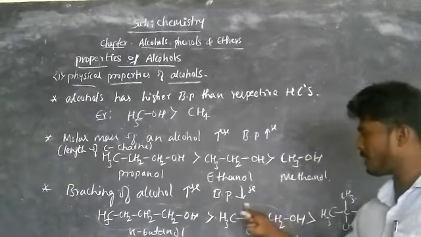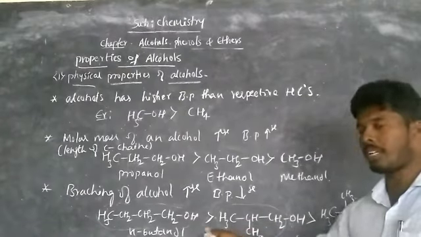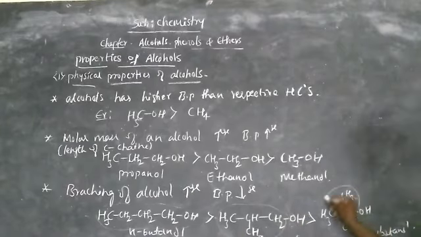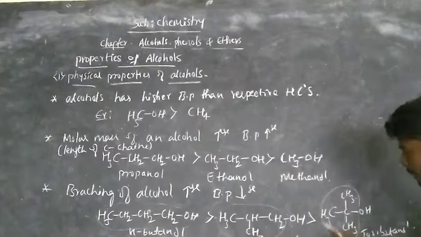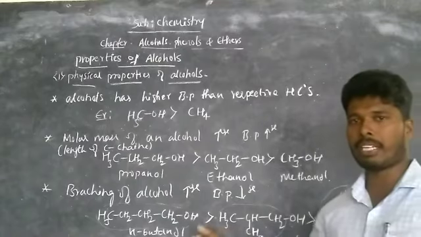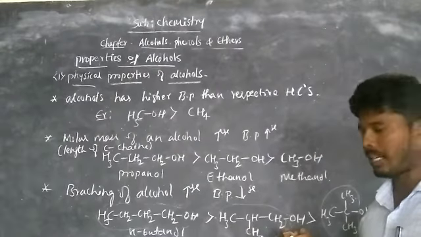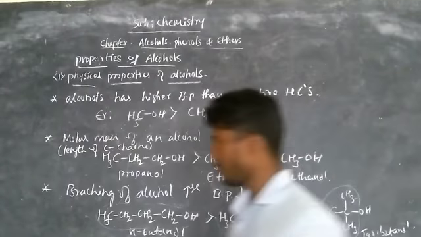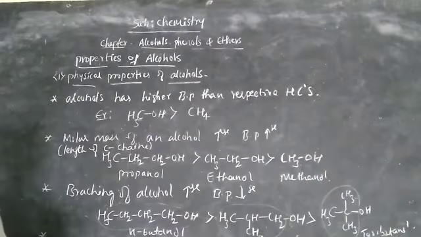Now the length of the carbon chain decreases compared to this one, so it occupies very little molecular space, and this increases branching. Since the branching is higher, it occupies even less space compared to this. So the molecular surface area decreases by increasing the branching of an alcohol, hence boiling point decreases. Okay, these are some physical properties. If the boiling point increases, the surface area decreases.